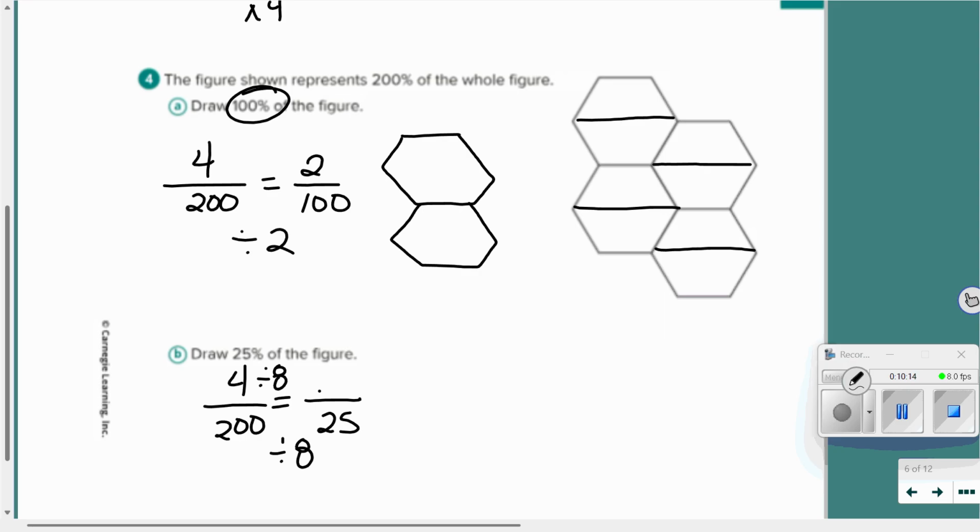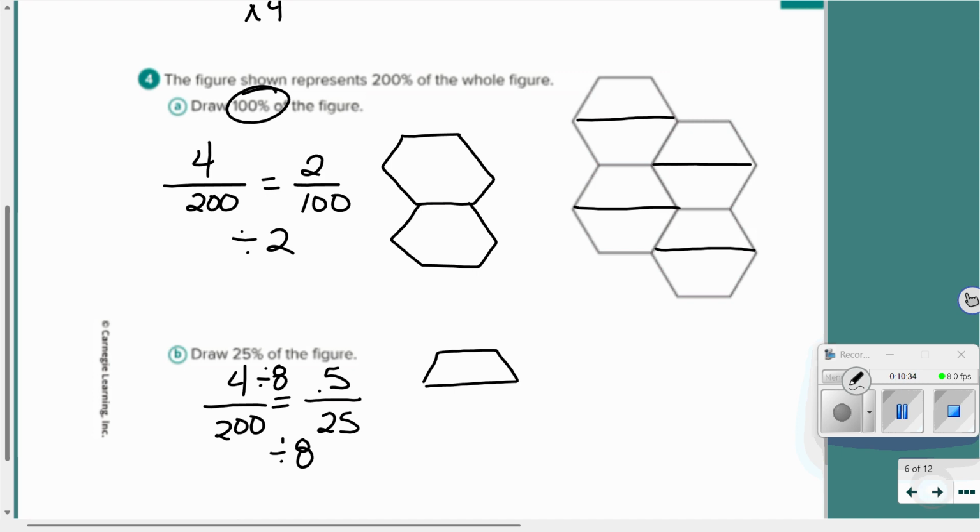It is a half of a hexagon. So 0.5, a half, yes? So you should have just drawn a trapezoid. Make sense? Any questions? That one was a little harder.